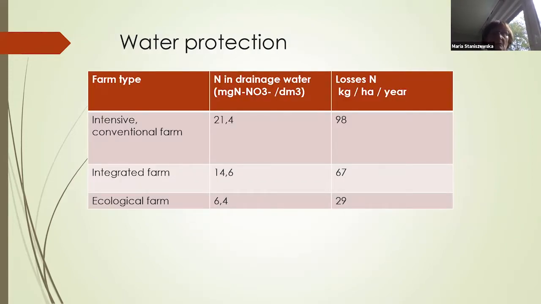And the organic farm is one of the types of agriculture which is recommended, which helps to keep nutrients in the soil. And then we compare these different types of farms, like intensive, integrated, and ecological. We see the lowest losses in the ecological farm.